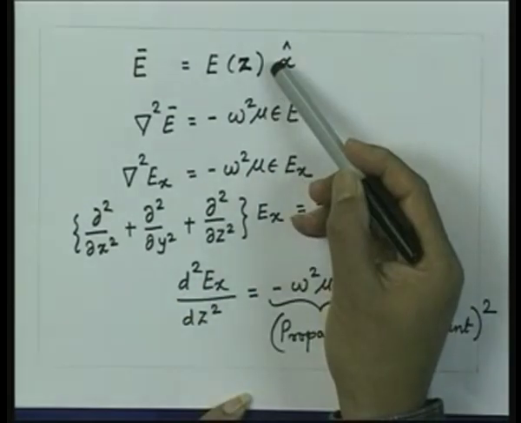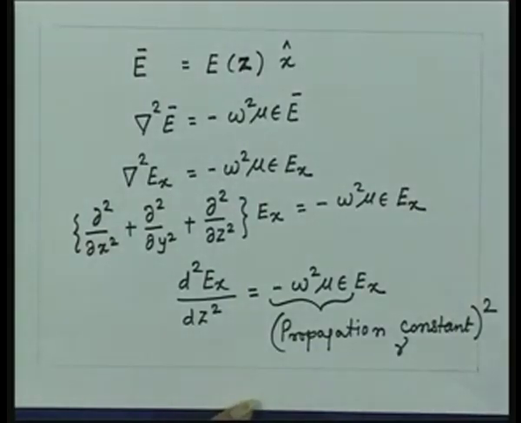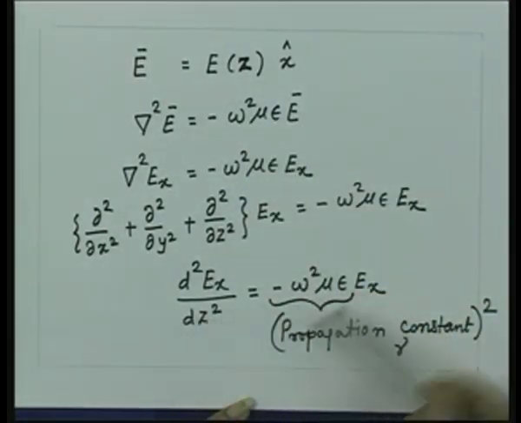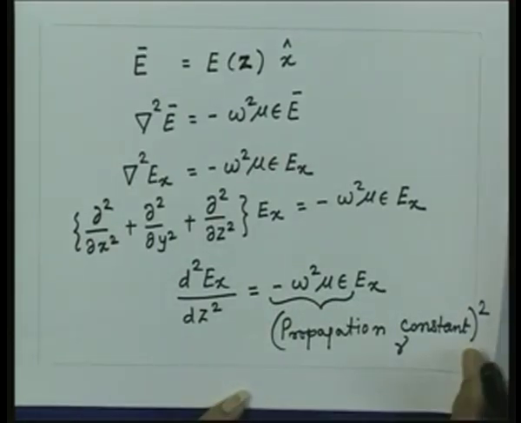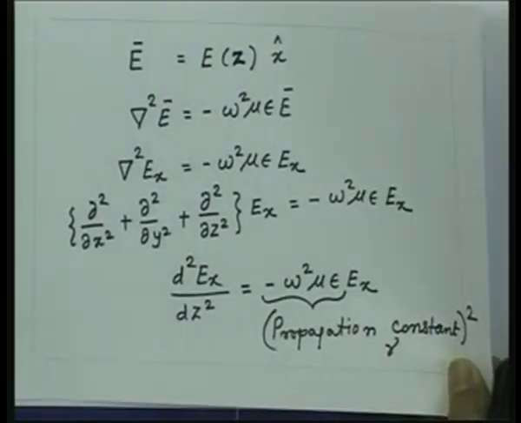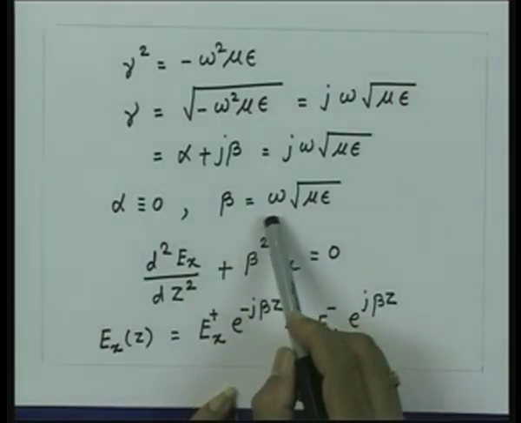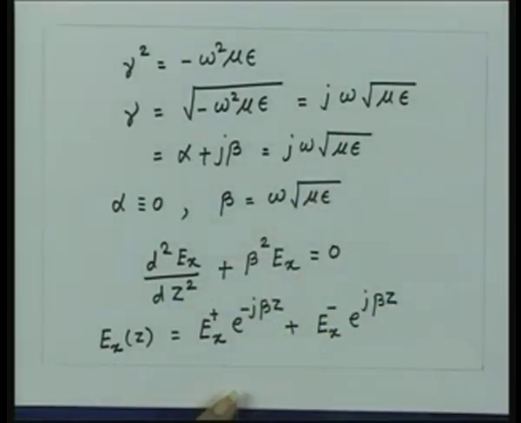Then substituting this electric field in the wave equation, essentially we got a one dimensional equation which was identical to the transmission line equation, and then we defined this propagation constant in this case which was purely imaginary. So, we got only the phase constant in this case which was beta, that is same as omega square root mu epsilon.